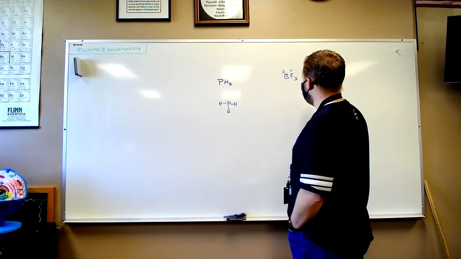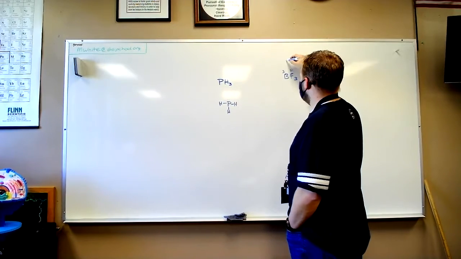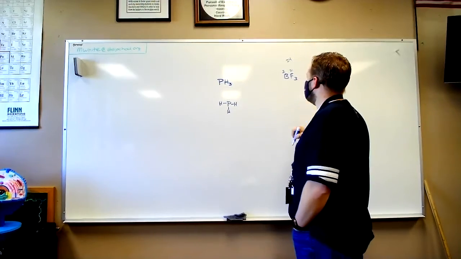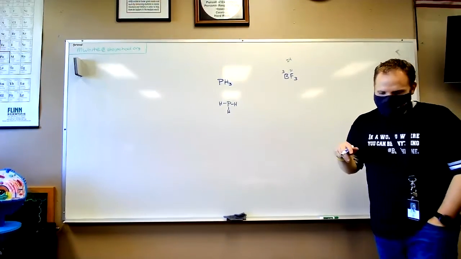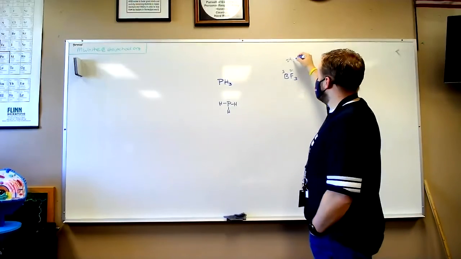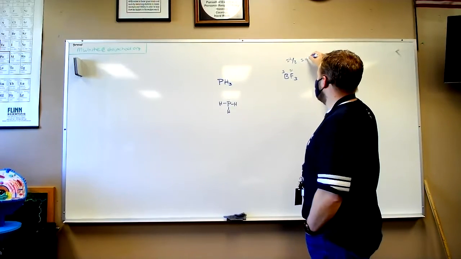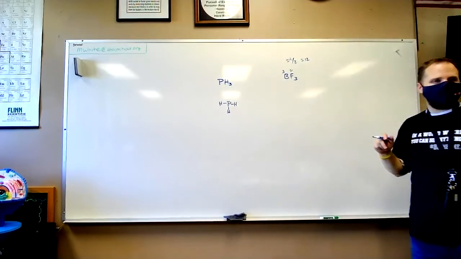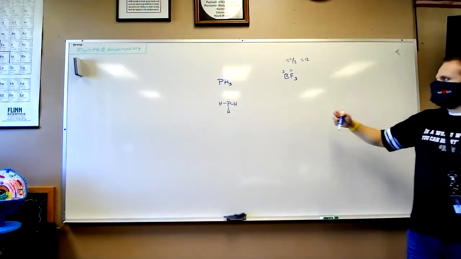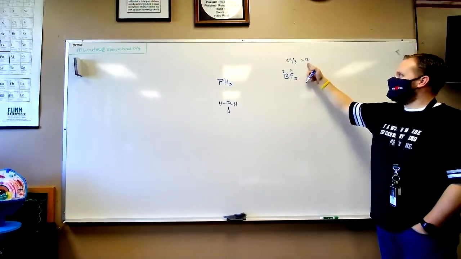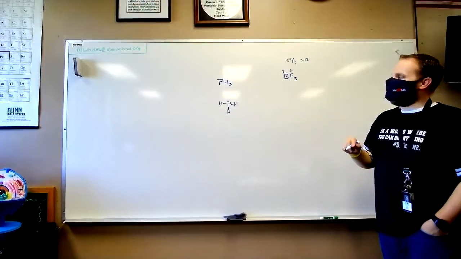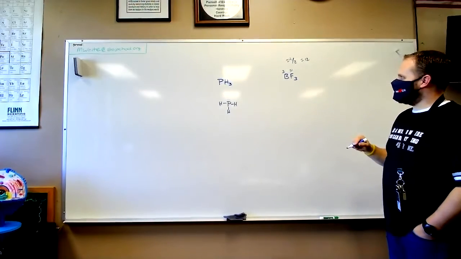So in total, we have 24 electrons that we need to account for. It's 7 times 3, because there's 3 of them. So there's 12 pairs that we're going to be working with.